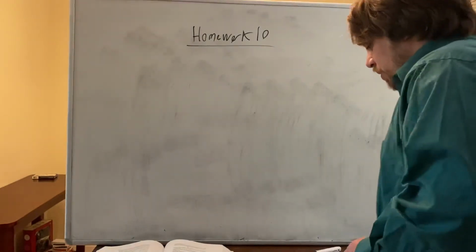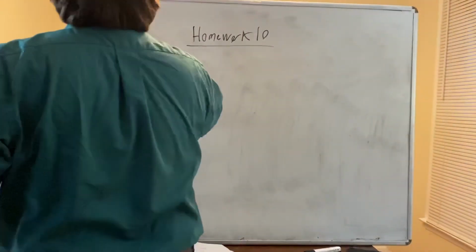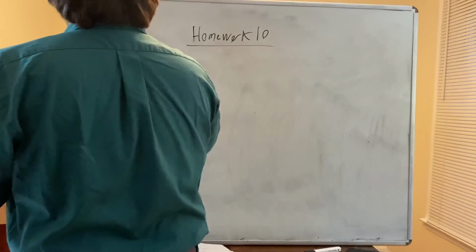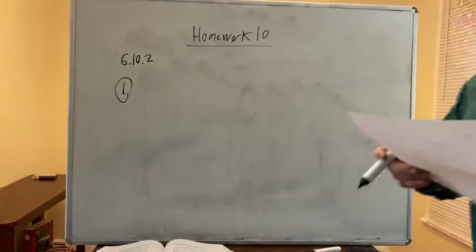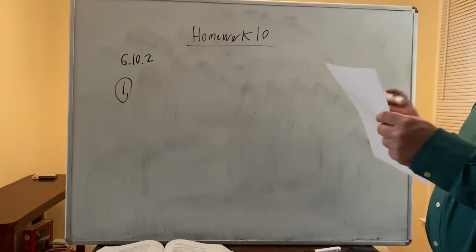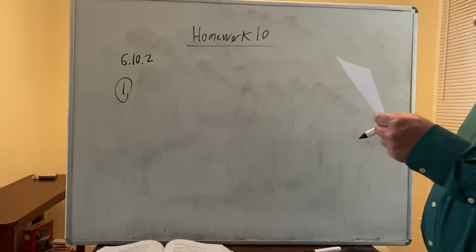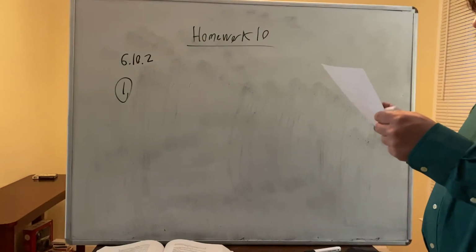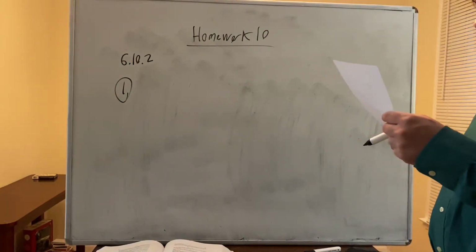So this is 6.10.2. Okay, number 1. So 6.10.2 says, how might you estimate the average income of residents of a very large city without finding the income of every resident? What theorem may be used to justify this method?